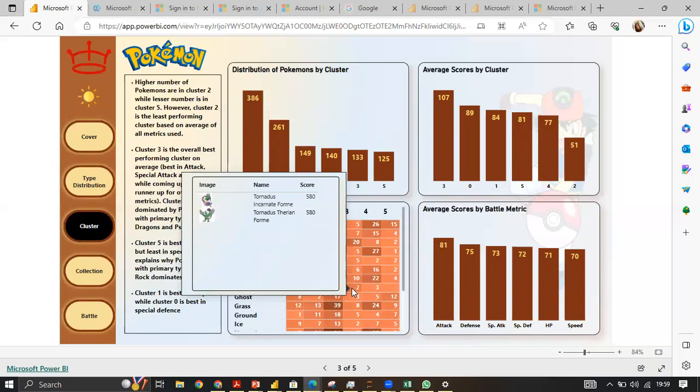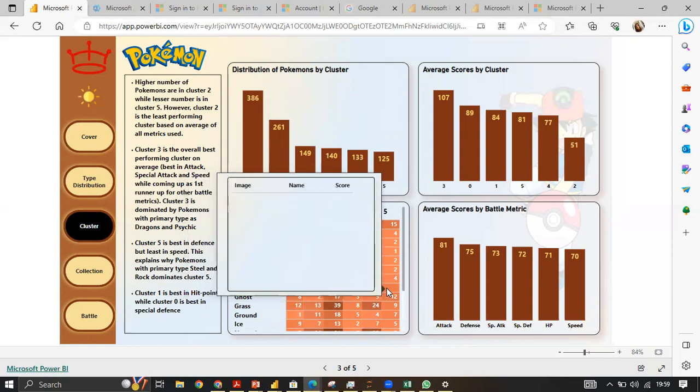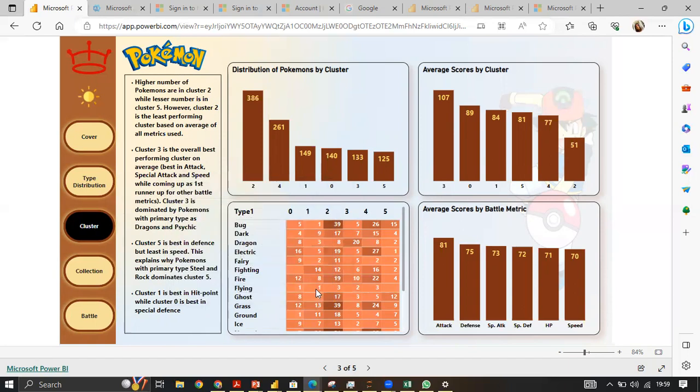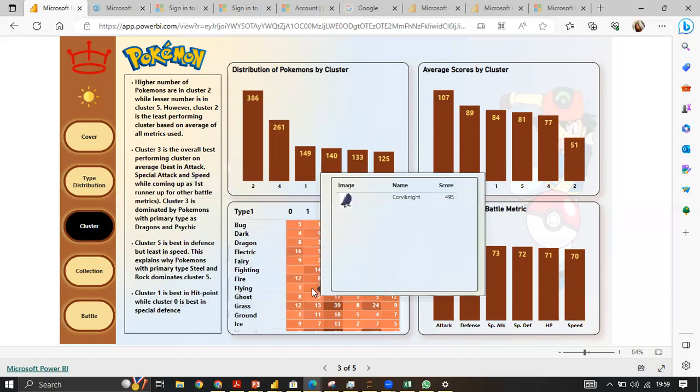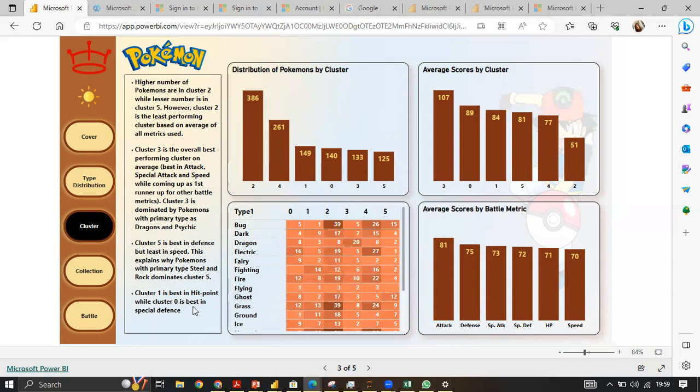And I also saw that defense is not there. So for flying Pokemons, defense is not their thing, because cluster 5 is best in defense. So defense is not the thing for flying type, but they have other battle metrics and advantages.